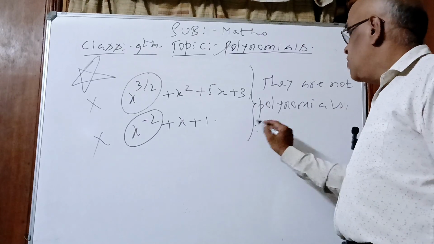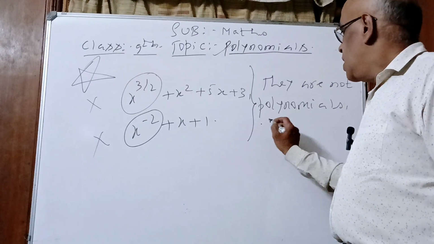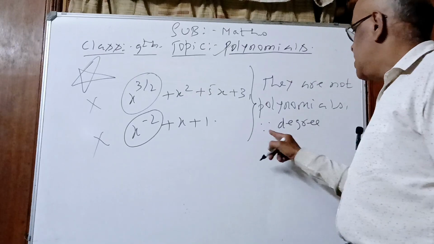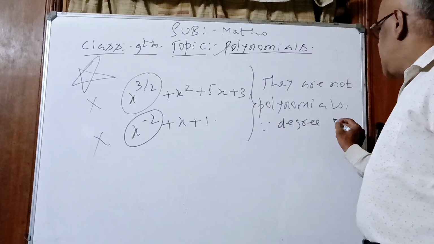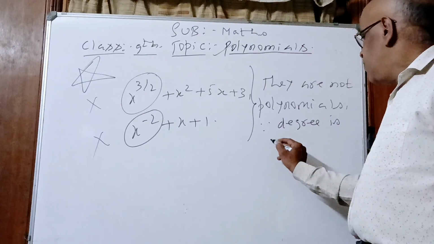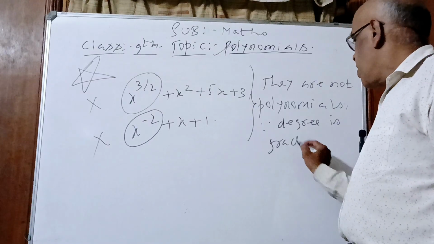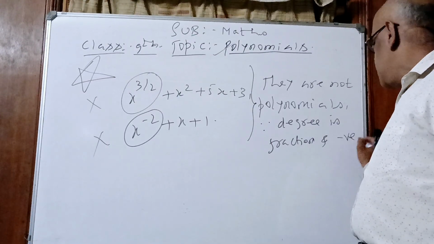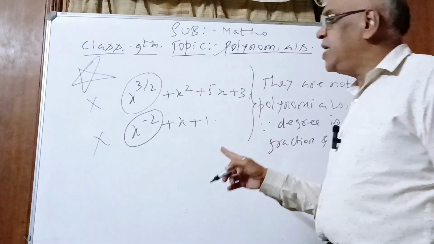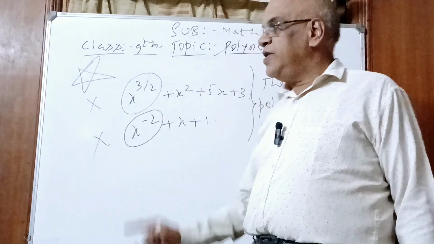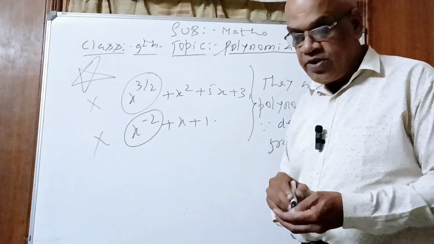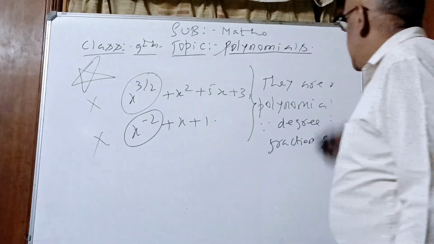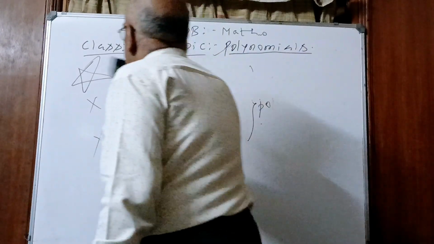In the first case, the degree is a fraction, and in the second case it is negative. When the degree of the variable is negative, it is not a polynomial. When the degree of the variable is a fraction, it is not a polynomial. Understood, children? Very, very important things you should remember.